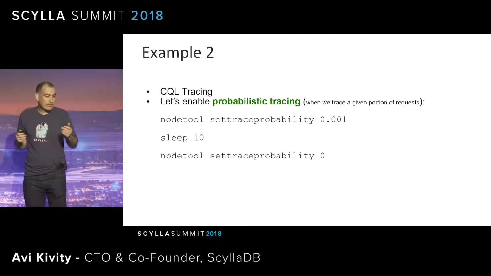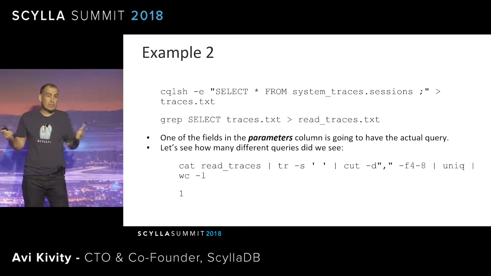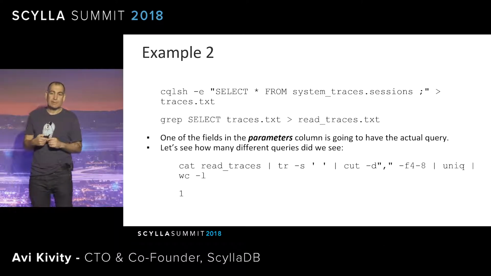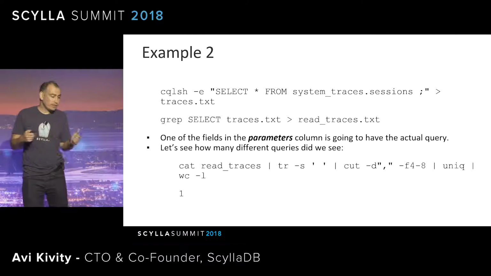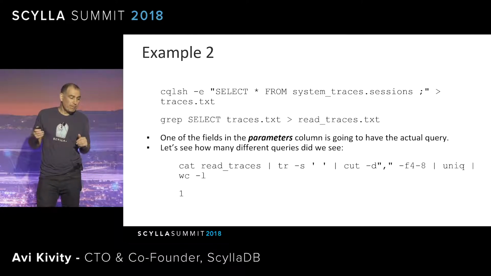So you can run this set of commands, and it will trace the cluster for 10 seconds. And once you run it, the results are collected in a special tracing table, and you can run a select on that table and gather all of the traces for queries that were running in those 10 seconds.